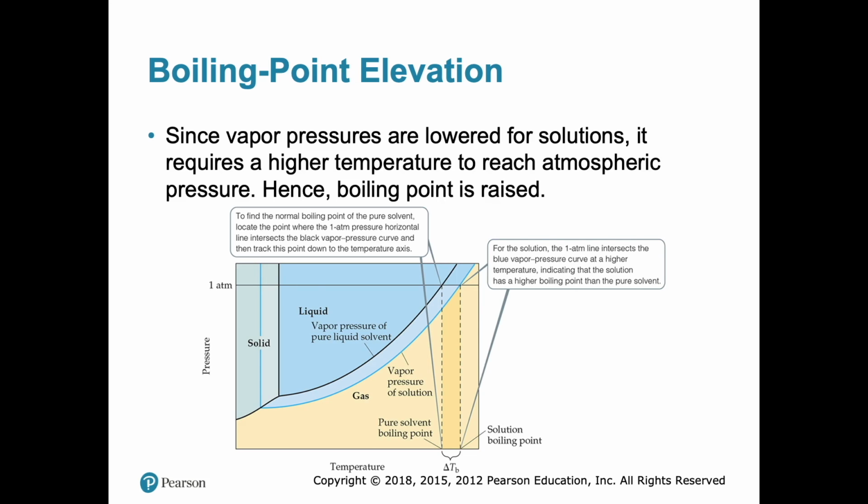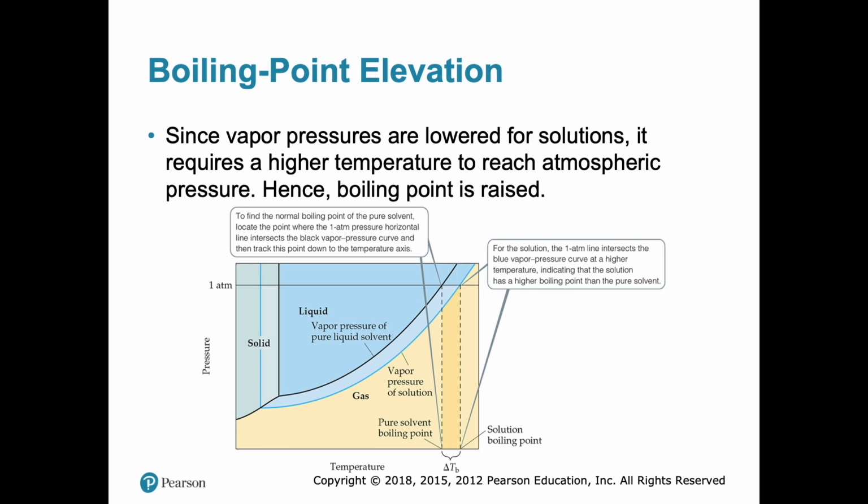This line here is the solid to liquid, the line for melting and freezing. And then here's the line for condensation and evaporation, and here's the line for sublimation and deposition. And so the black line is the normal triple point for this generic solvent.